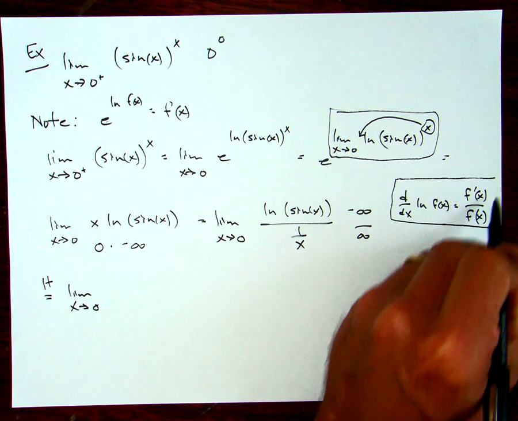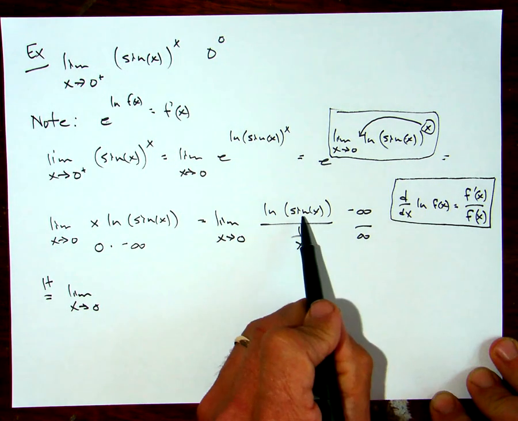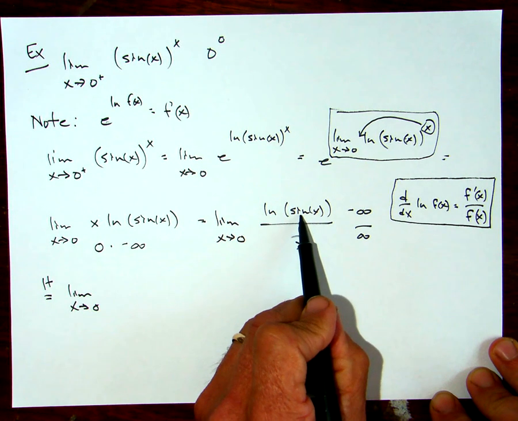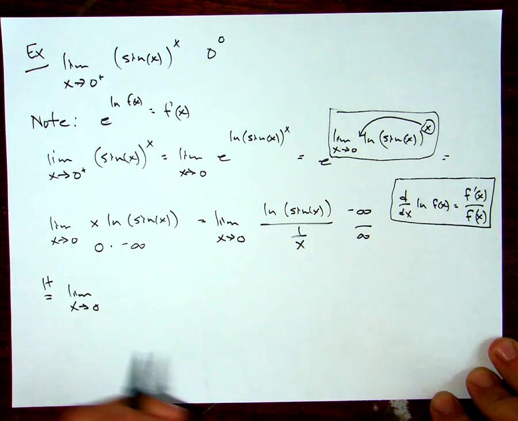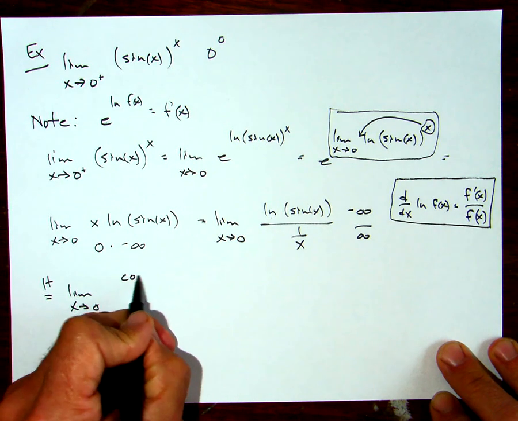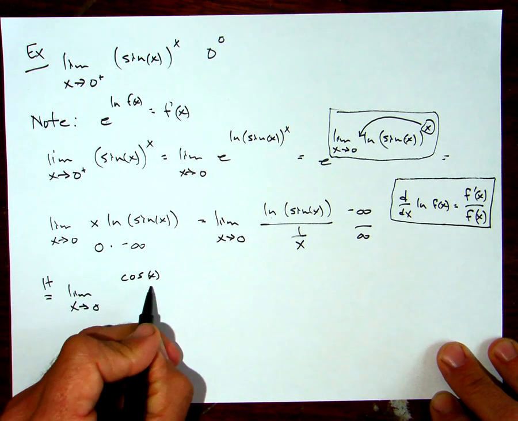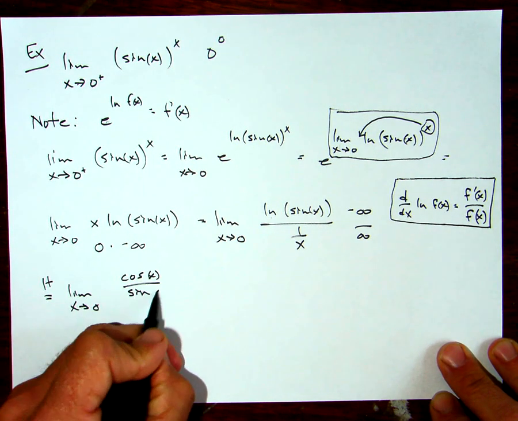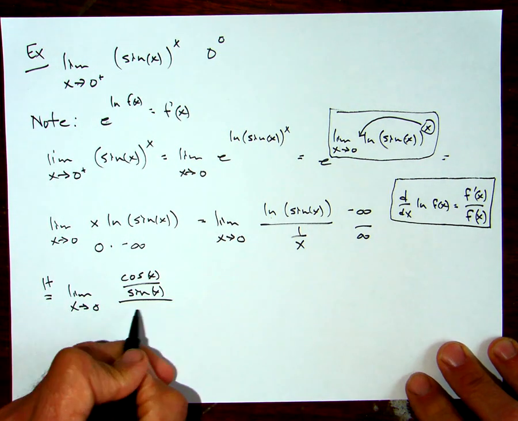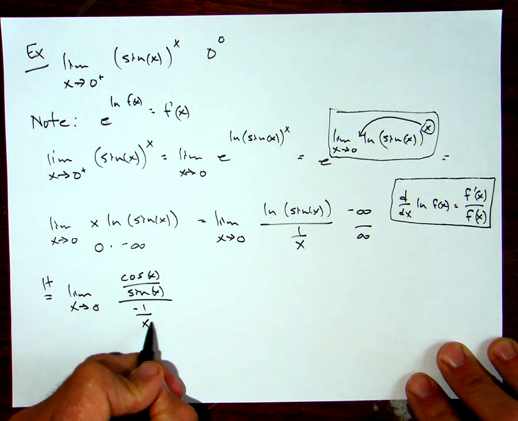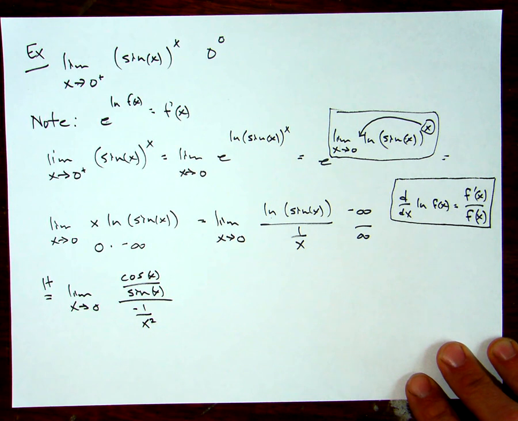You should have seen that before, but we're going to apply that to sine. The derivative of sine is cosine, so the derivative of the natural log of sine is cosine over sine. So I'm going to have cosine over sine in the numerator, and in the denominator, the derivative of 1 over x is negative 1 over x squared.